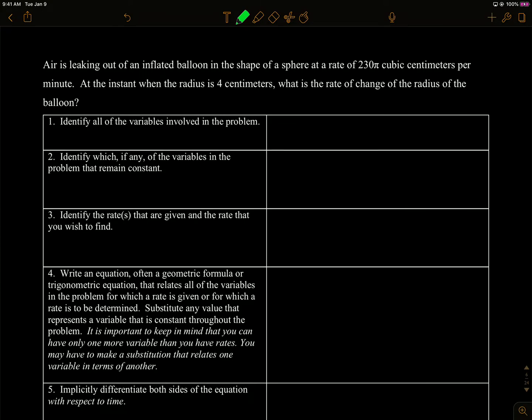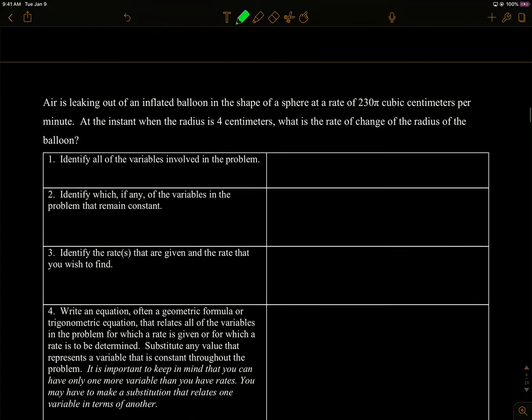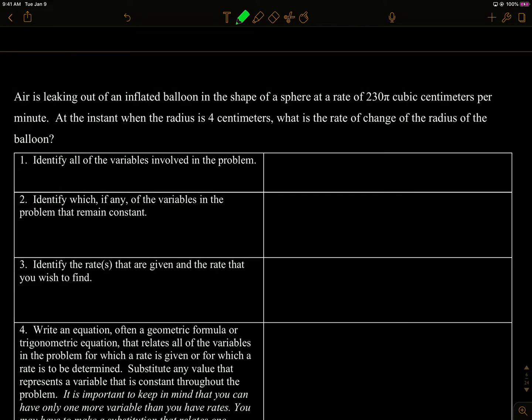We're going to go through some steps here, but eventually these steps are going to go away. But we do have these to walk you through how I think you should look at one of these problems. So first they say we should identify all variables involved in the problem.